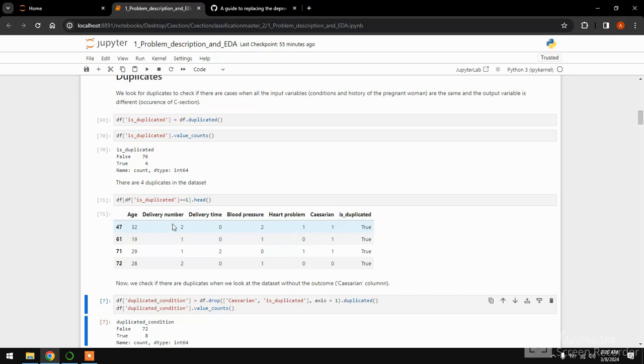Yes. These values were duplicated with another row in this system. So we just need to delete row number 47, row number 61, row number 71, and row number 72. Or we can use code to delete these 4 rows of data.